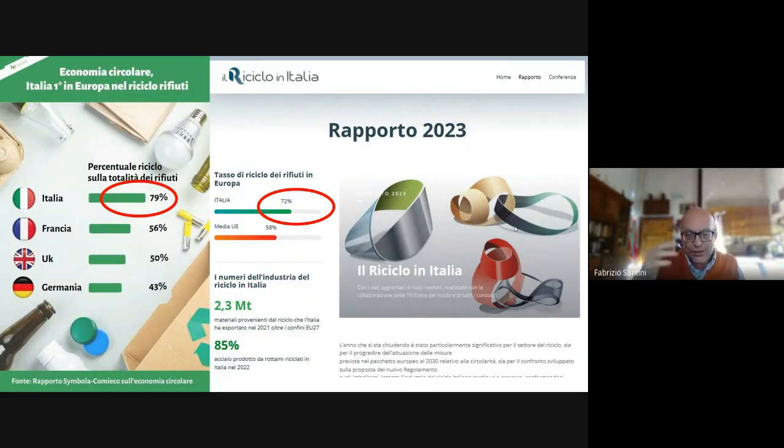We are much further than the European Union average, which is 58%, as you see. In Italy, we reached an average of 72%. Those are the last reports, so 72, 79. So more or less 80% of the material collected is recycled in Italy.